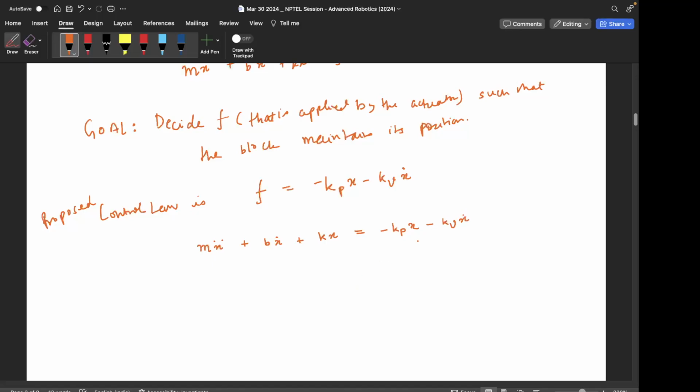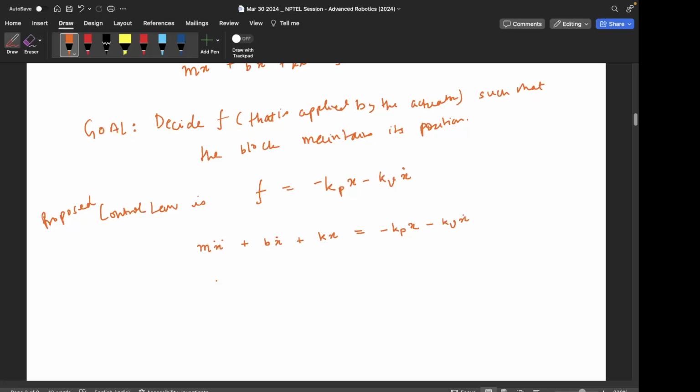So we replace F by this control law, because this is how we will vary the force depending on x and x dot. What this will do is try to keep the system at x is equal to 0 with x dot is equal to 0.